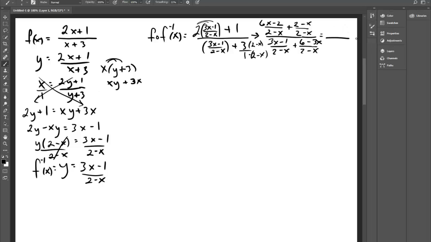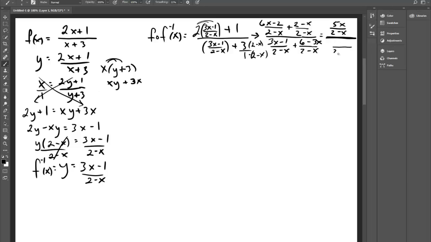So here's my line. On top, I'm going to get something over 2 minus x, and that something is going to be 6x minus 2 plus 2 minus x. That looks like, if you wrote that all out, that would be 5x. 6x minus x is 5x. Negative 2 plus 2 is 0. That's correct.